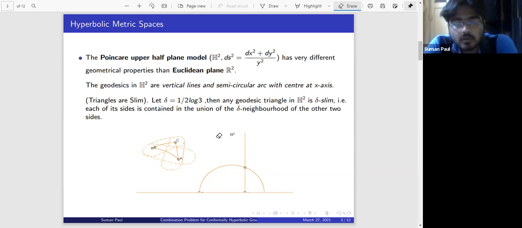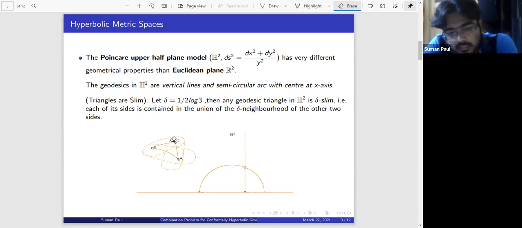Now there is a property that holds in H2 which is very different from the Euclidean plane. That is called slimness of triangles. So what do I mean by slimness of triangles? Consider this triangle ABC in this plane with this metric.